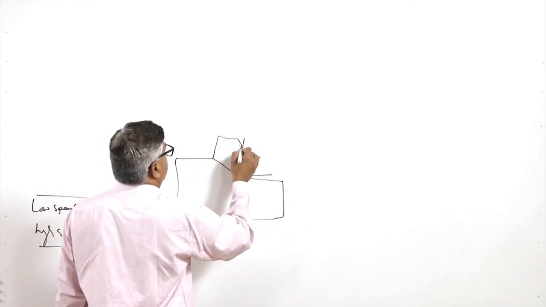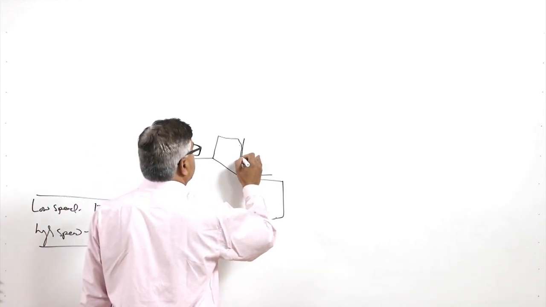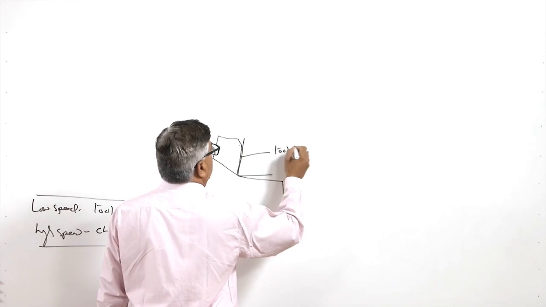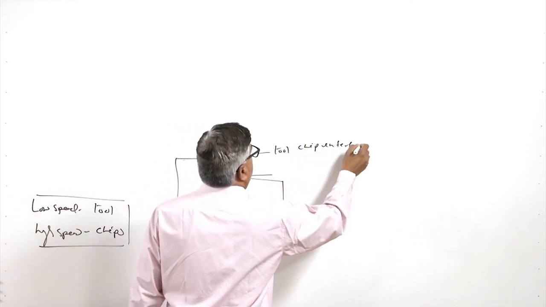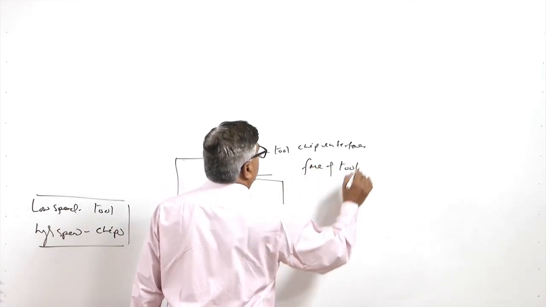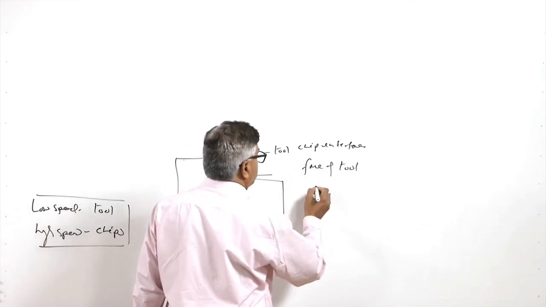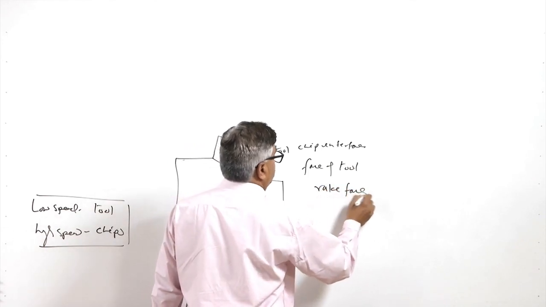The zone of interest with regard to the temperature generation is basically the tool chip interface. Basically, it is the face of the tool over which chips will be sliding. So, it is the rake face which is of interest.